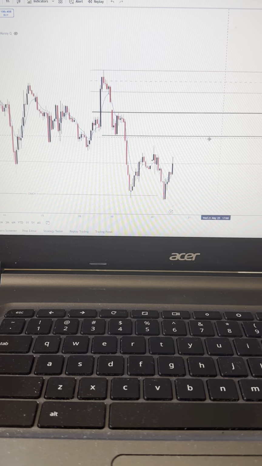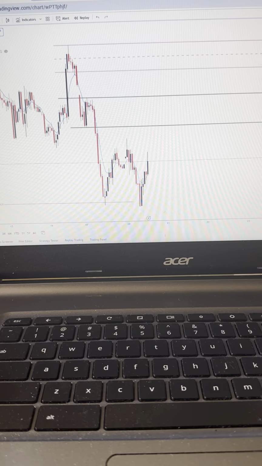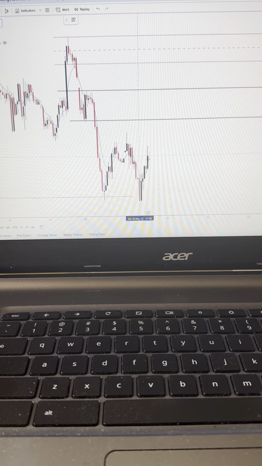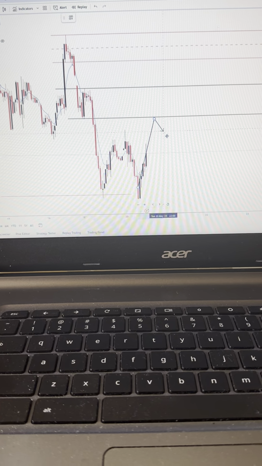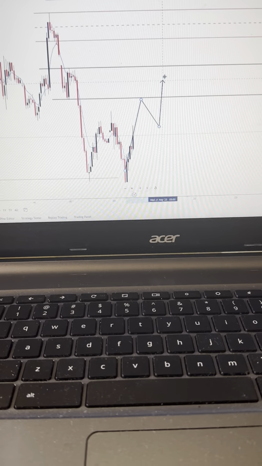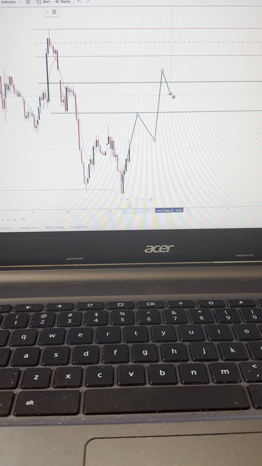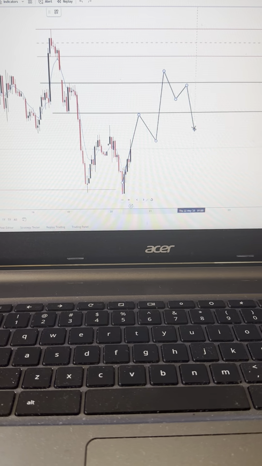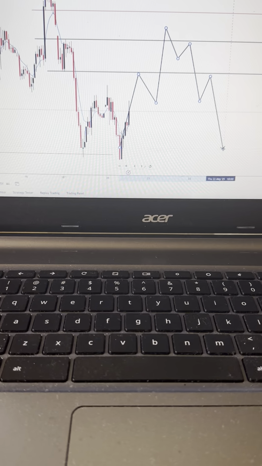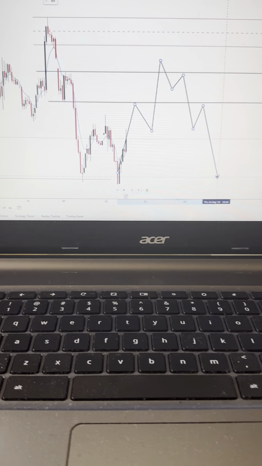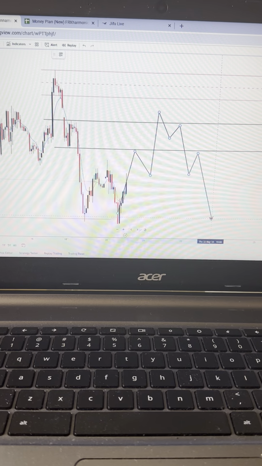So the market could potentially, let me show you what I'm looking at. The market could move up, right? Come up into this base, push up, fill this gap, then begin to sell back down and give us the sell, the drop that we're looking for, right? That's what I anticipate could happen.